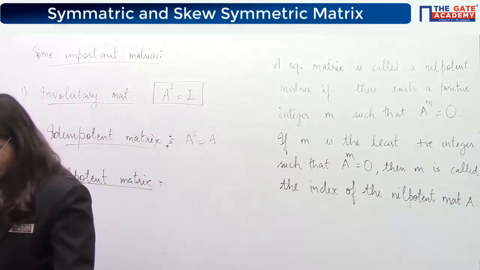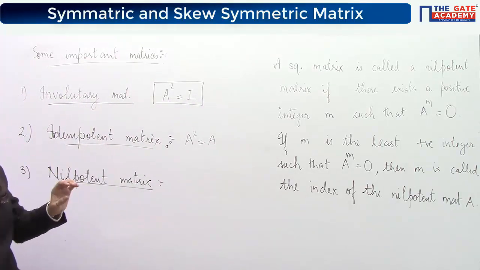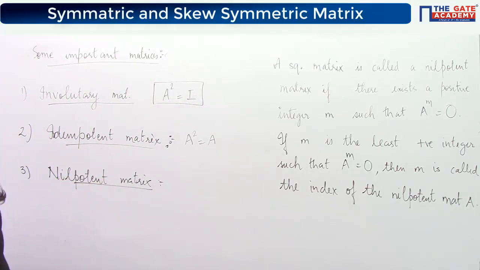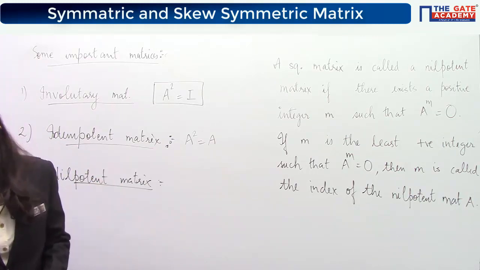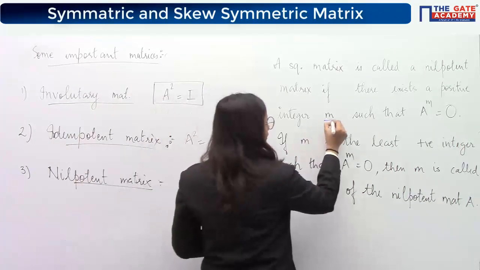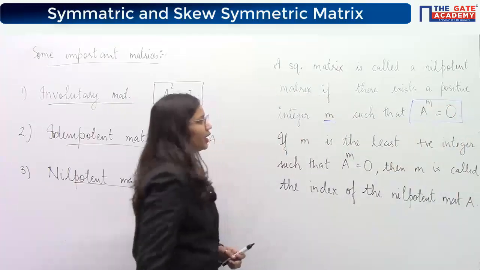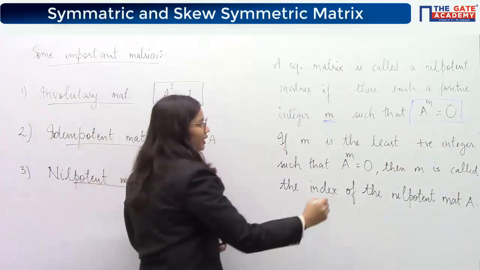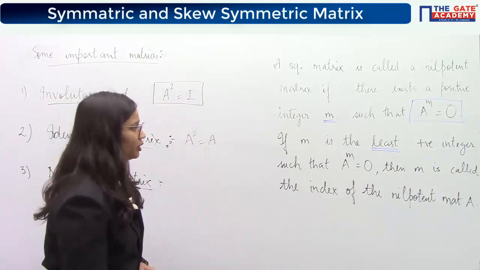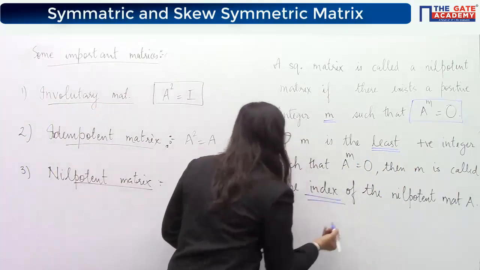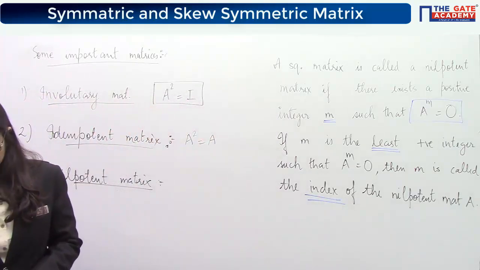Copy the definition. So I'll repeat, a square matrix is called a nilpotent matrix if there exists a positive integer m such that A to the power m is O, again the null matrix. If m is the least positive integer such that A^m turns out to be a null matrix, then m is called the index of the nilpotent matrix A.